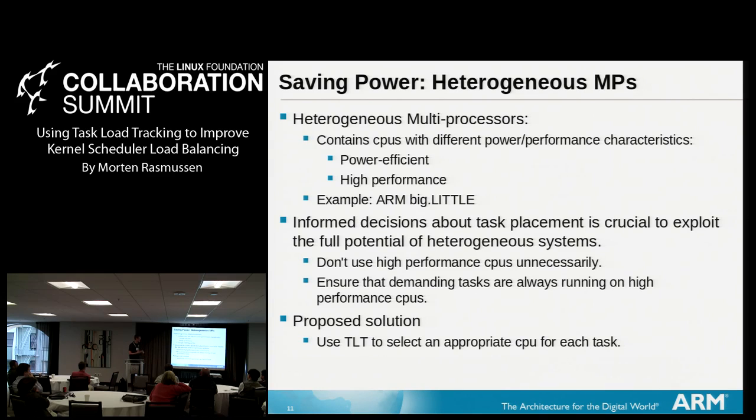So the strategy we're trying to apply here is to not use the high performance cores unless it's absolutely necessary, because they will drain your battery faster. And at the same time, we should also make sure that CPU-intensive tasks that really require high performance also get to the faster CPUs. It doesn't work very well if you don't get a high-performance CPU every time you need it, because then you'll get random performance.